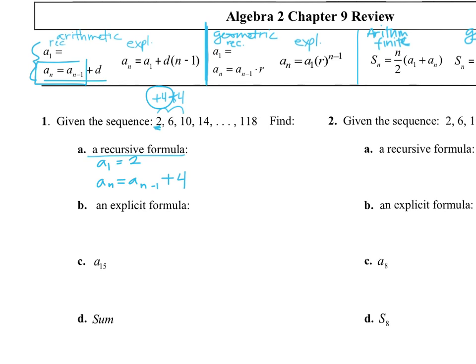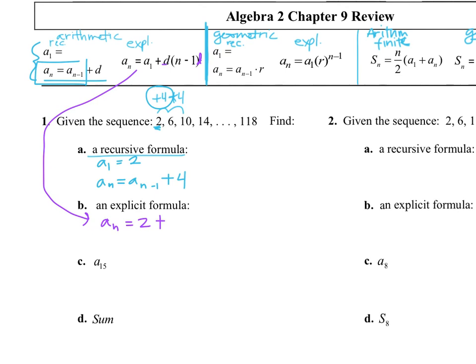The explicit formula that we're going to write is this one. So this is going to be a sub n equals a sub 1, that's our first term, plus, this one, the common difference is here. I don't know, on the test it might be back here.